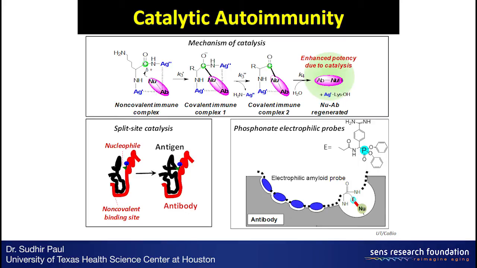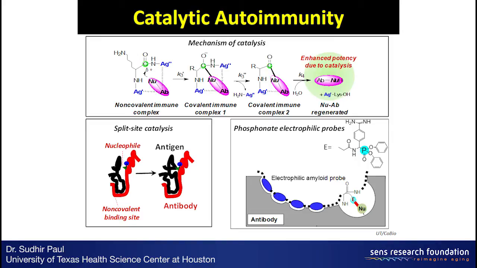If that is replaced with a phosphonate group, this group can bind irreversibly to the nucleophile in the antibody combining site. So this is important because the phosphonate electrophile can be used to identify the antibodies and to pull out the good catalytic antibodies from a mixture of many different antibodies.